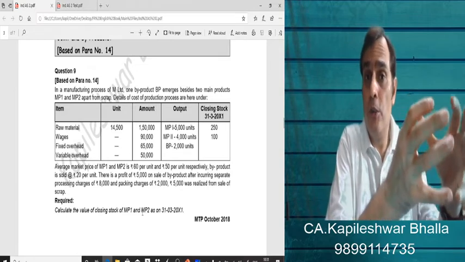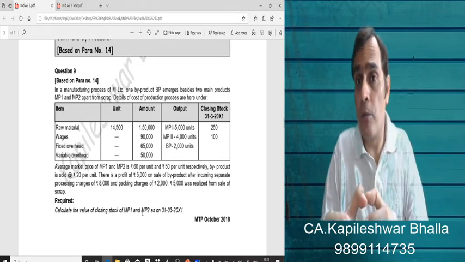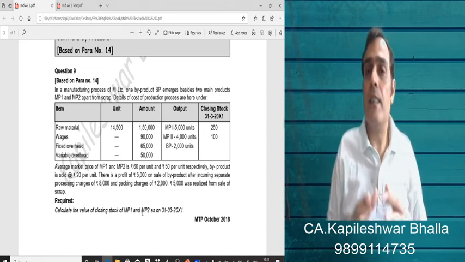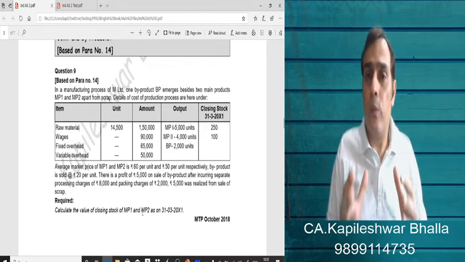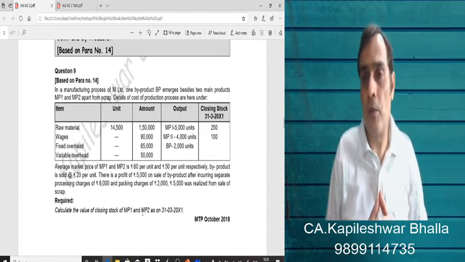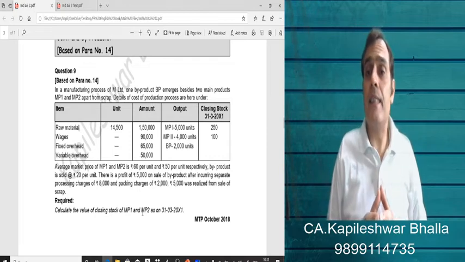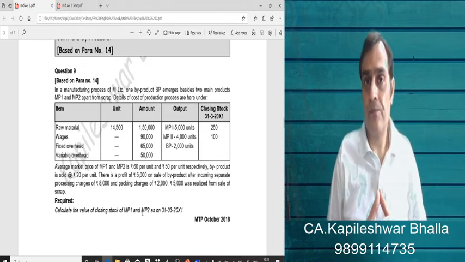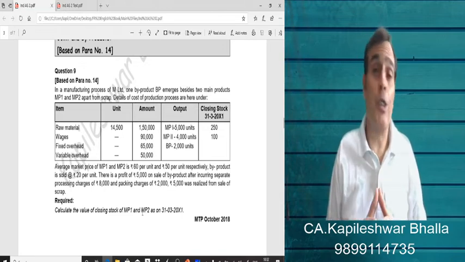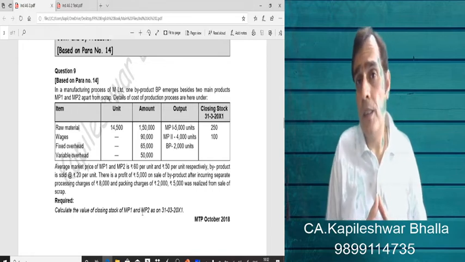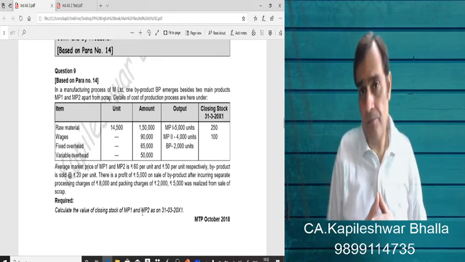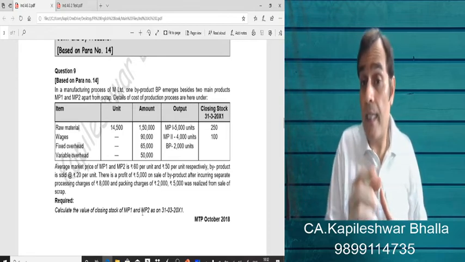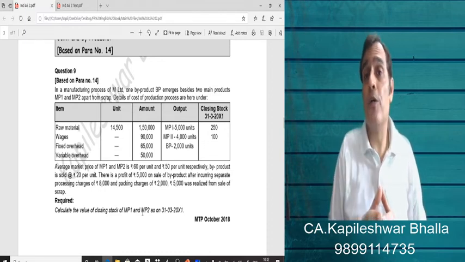So we can certainly say that it was in a WIP stage when it was produced from the first process. He says that 8,000 is the separate processing charge, which is like the estimated cost of completion. He also tells you that there is a packing charge of 2,000, a cost which is necessary to make the sale, so we reduce the 2,000 as well.